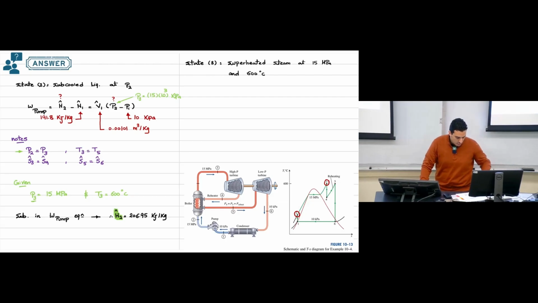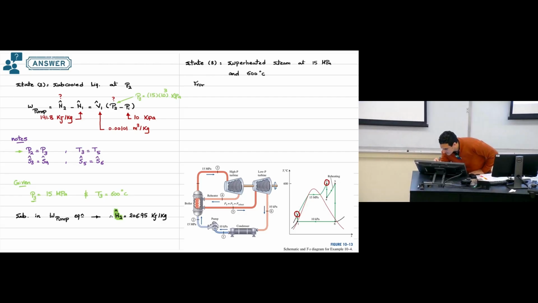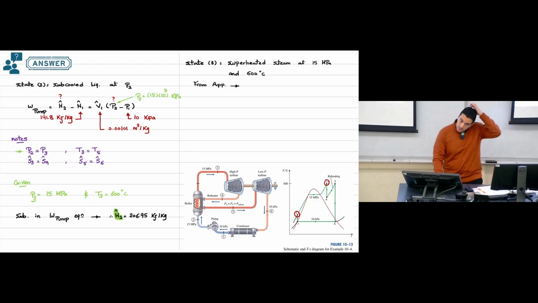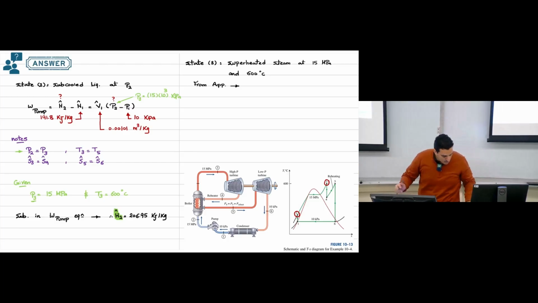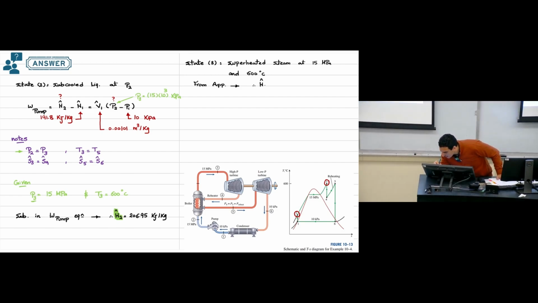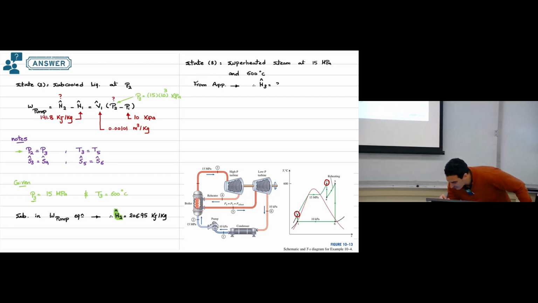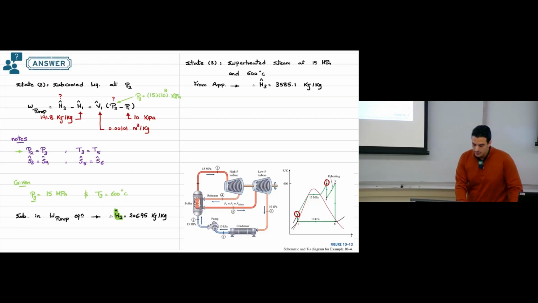So now you can go to the appendix, or the Excel file that we shared with you before, just put the numbers and you will find that enthalpy at point number 3 is 3585.1 kilojoule per kilogram.